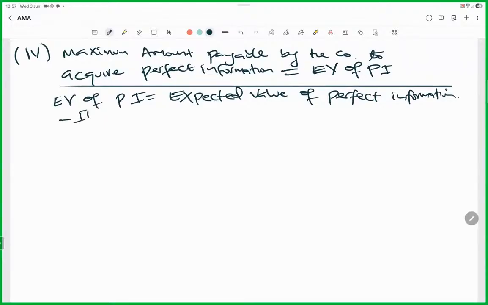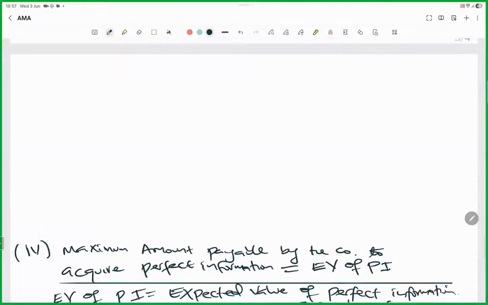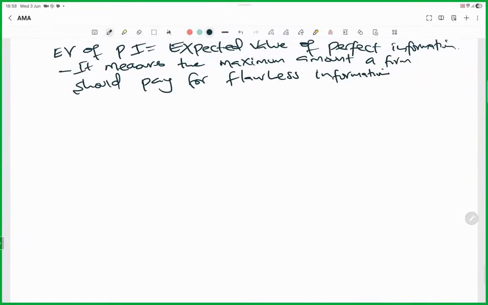It measures the maximum amount a firm should pay for flawless information. And flawless is basically what we call perfect.